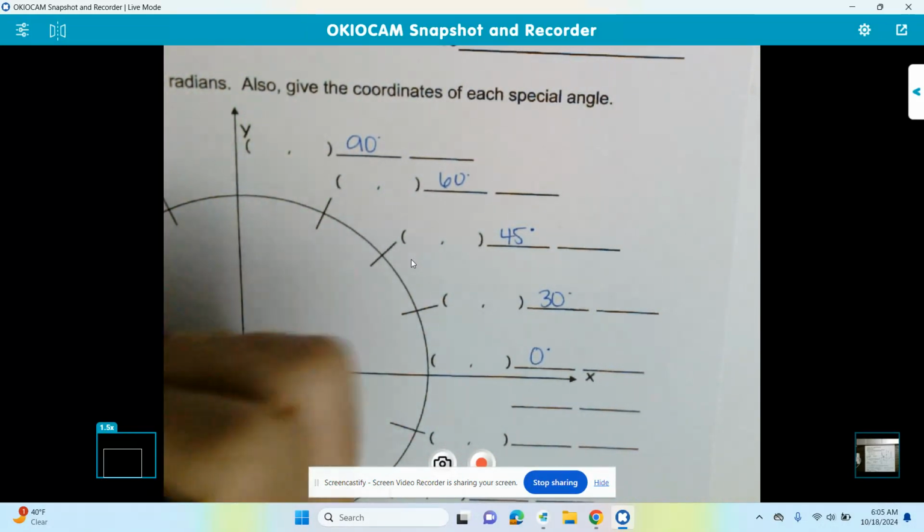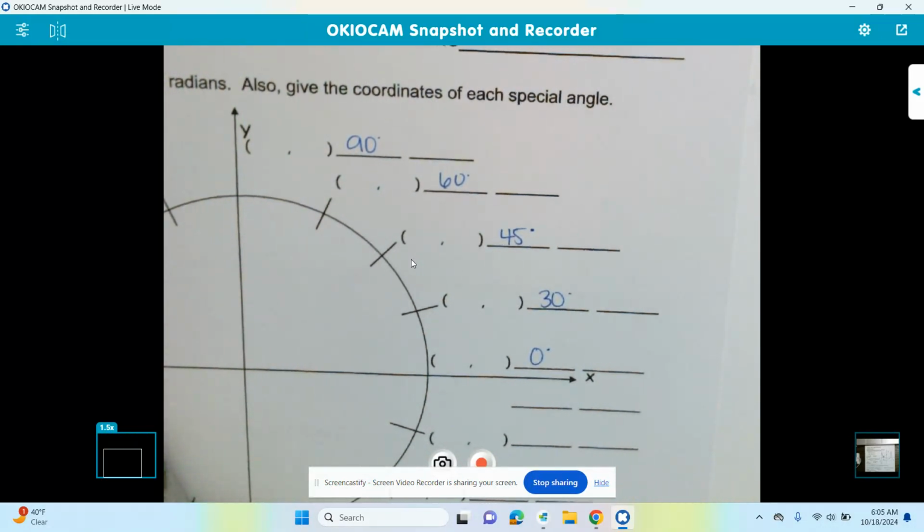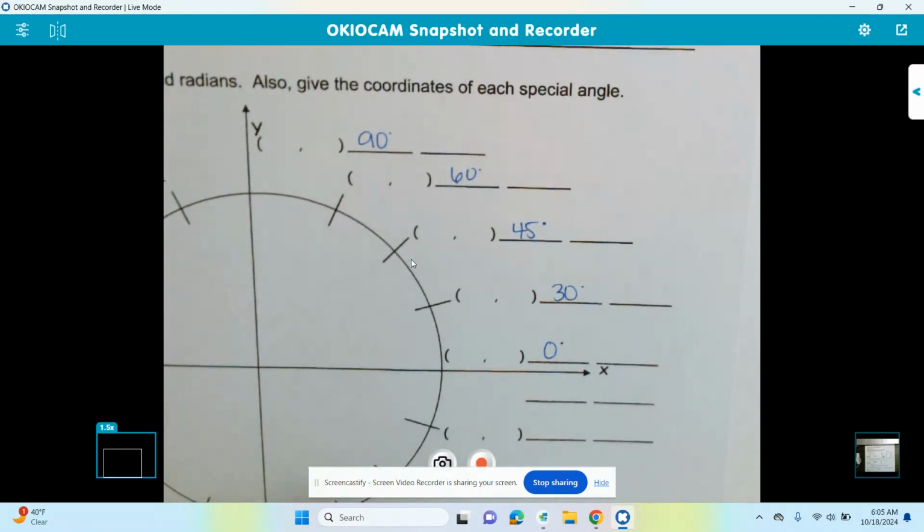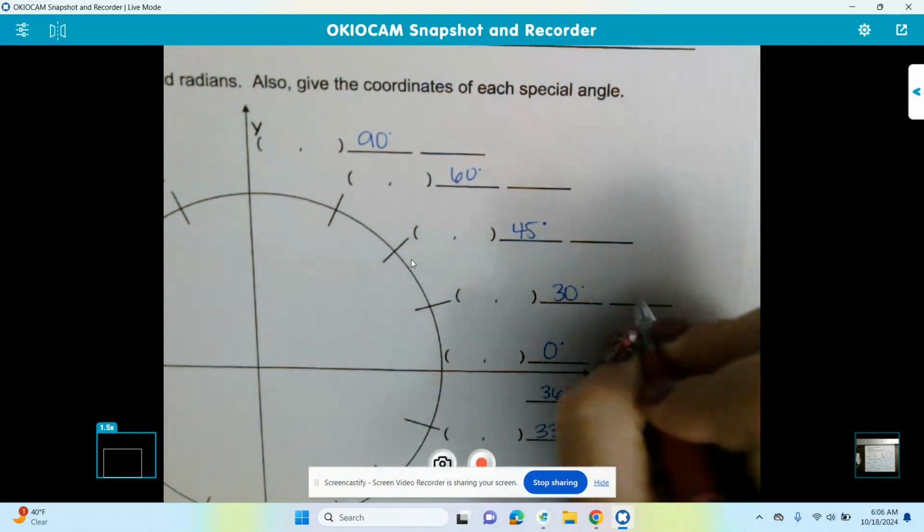See, I already messed up. Got ahead of myself. All right, so y'all have already got your radians also on there. So this was 0 pi.